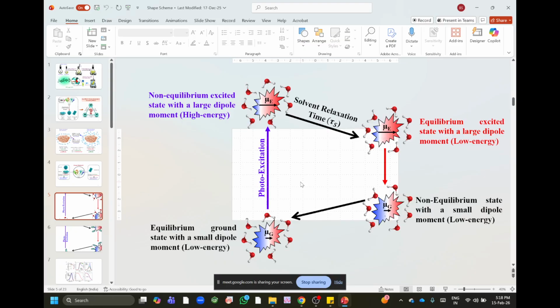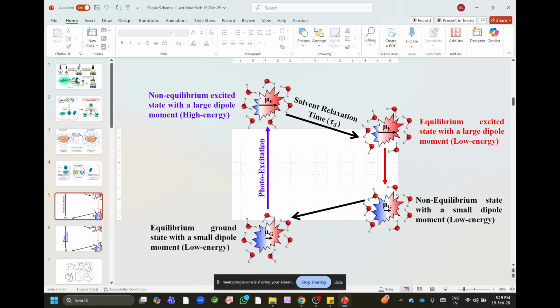Yes. So look at here, this is the ground state. From here you are exciting the molecule, photo excitation, it is going to the excited state, and the dipole moment is higher. See, mu e is greater, and this is the equilibrium ground state with a small dipole moment, low energy, which means that these are the water molecules. Look at these water molecules around them.